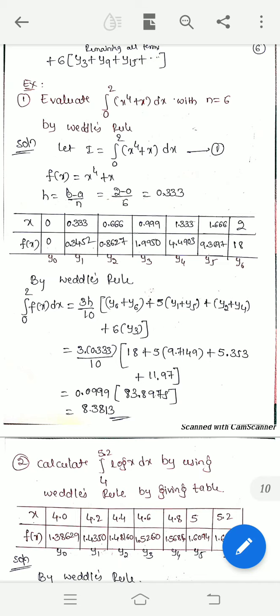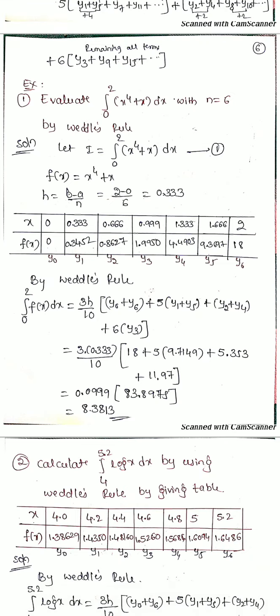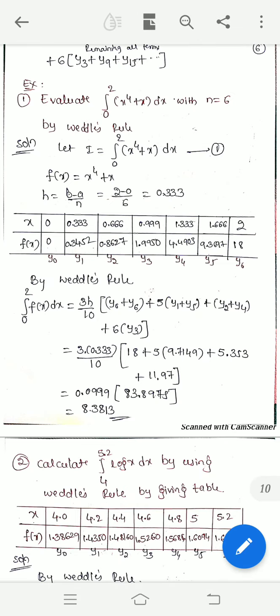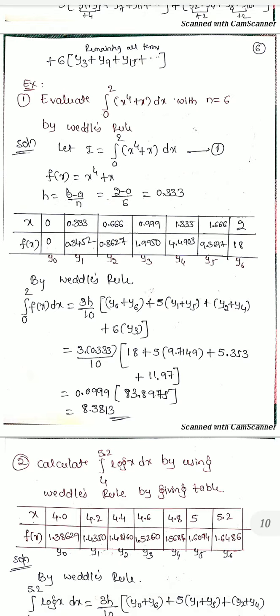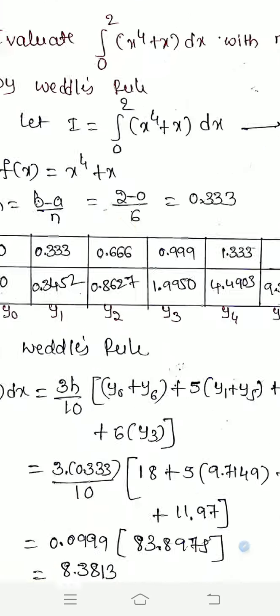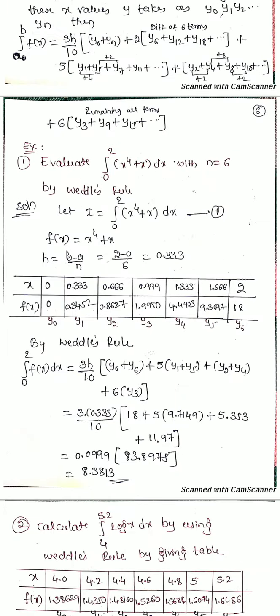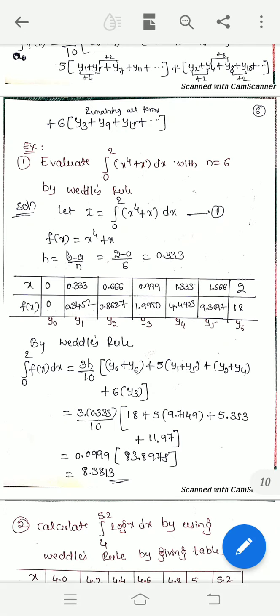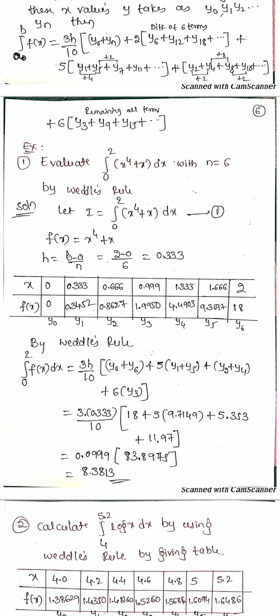With the help of this h value we construct the table of x values and f of x values. The x values are 0, 0.3333, 0.6666, 0.9999, 1.333, 1.666, and the last term 1.9999, which is approximately 2 itself.